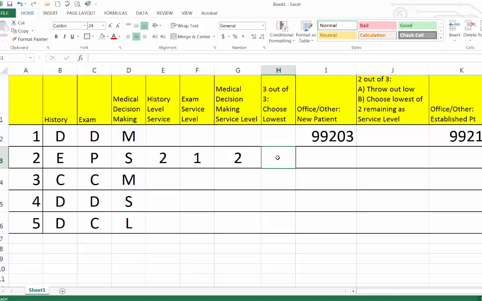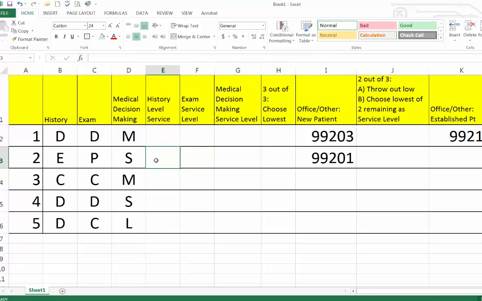So now with new patients, I need 3 out of 3. So whatever my lowest service level is, that is what I must bill. So my lowest level is a level 1, so I must bill 99201.